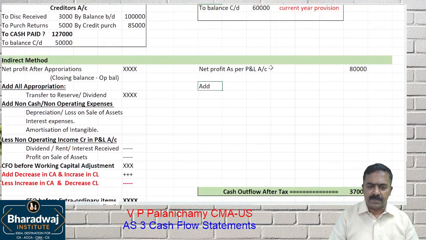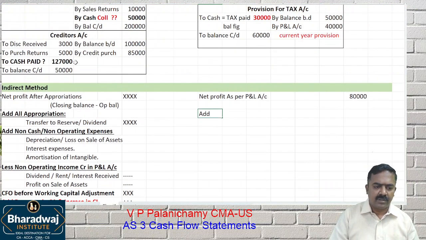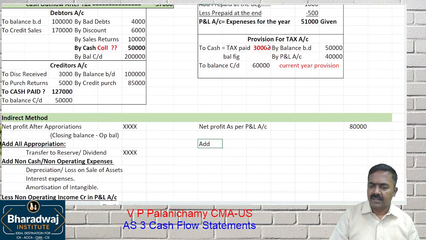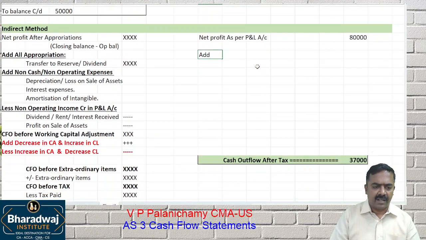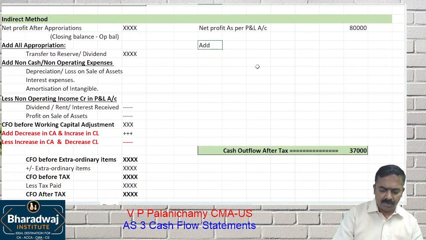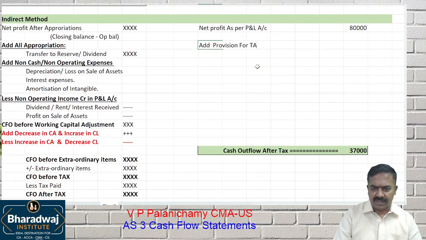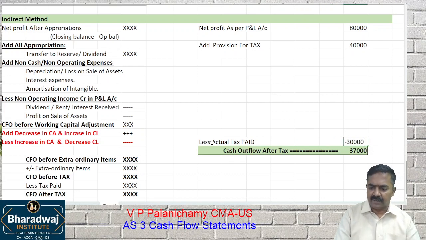What is actual tax paid? 30,000. Add back the non-cash items. Provision for tax. How much did we provide? 40,000. Actual tax paid will be reduced. Less actual tax paid. What is the actual tax paid by us? 30,000. We'll reduce it later on.